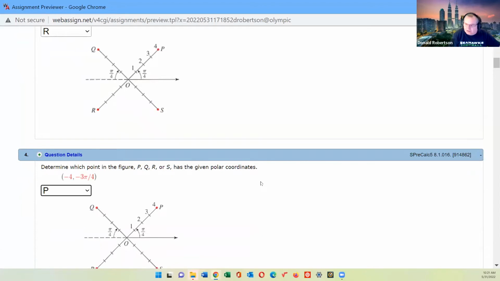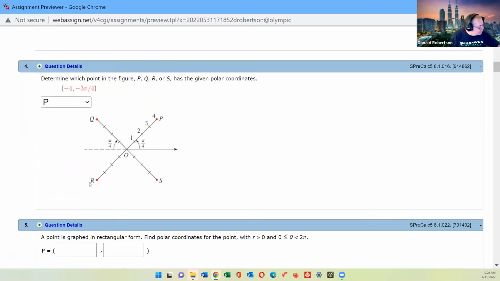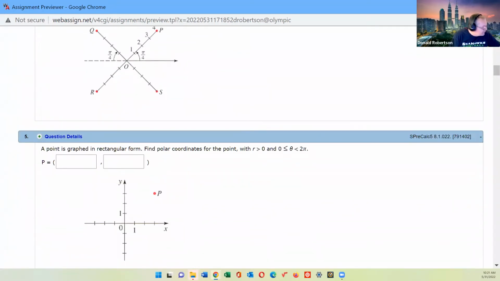Does that make sense? This one R is 4, -3/4. So this one is 4 plus whatever it is to get you to there. And that is the end of those two little ones.